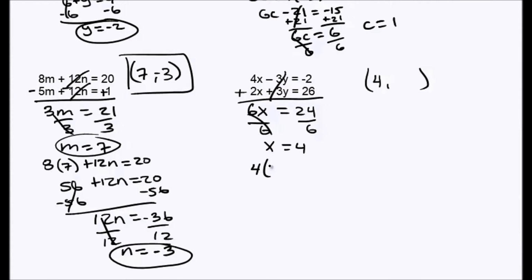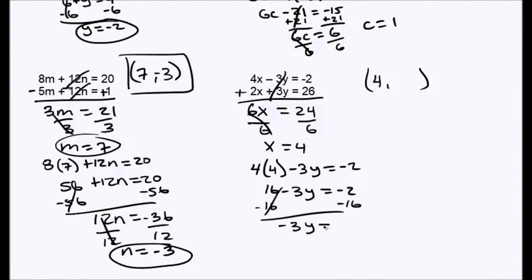So instead of 4 times x, it's 4 times 4, minus 3y is equal to negative 2. 4 times 4 is 16. 16 minus 3y is equal to negative 2. To solve for y, I'm going to subtract 16 from both sides. That's gone. Negative 3y is equal to negative 2 minus 16, which is negative 18.